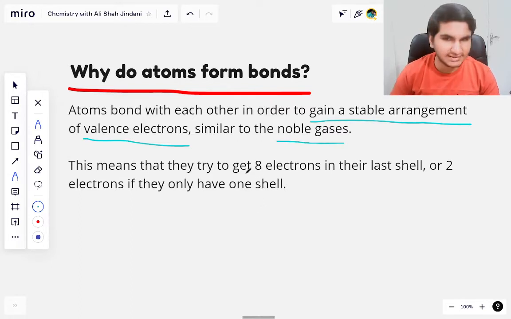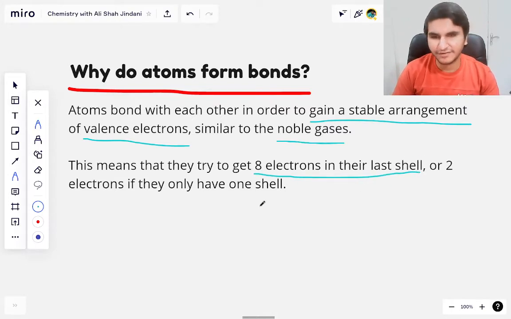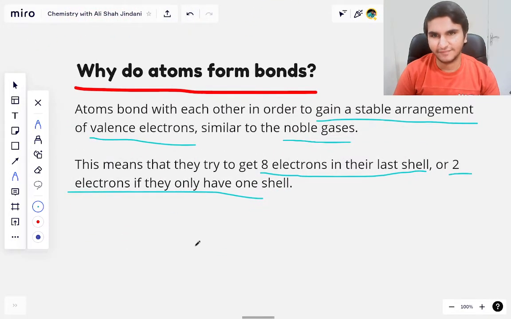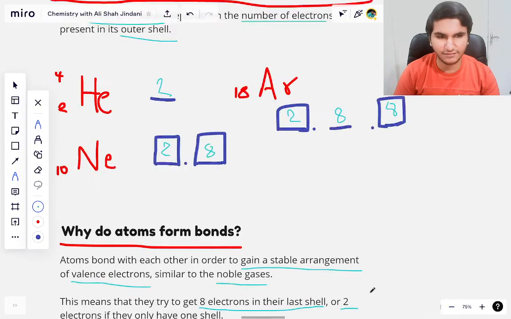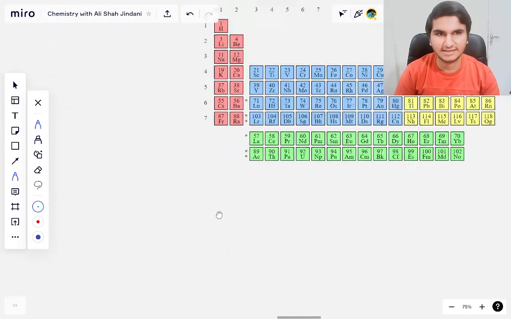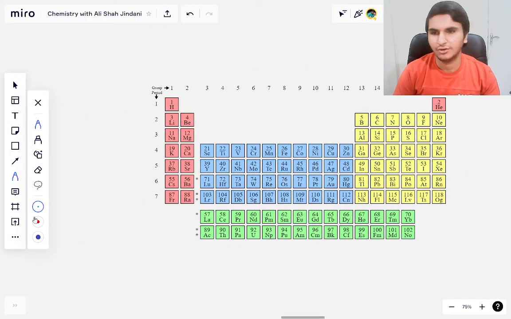So it generally means that they try to gain 8 electrons in their valence shell or the last shell, or if it is helium, which is the noble gas with one shell, it requires only 2 electrons in the last shell, right? And if you don't know about the noble gases, let me tell you, noble gases are these.